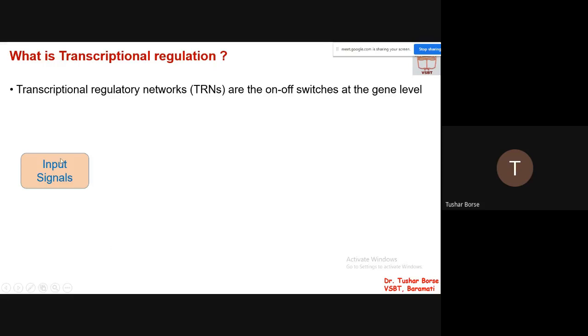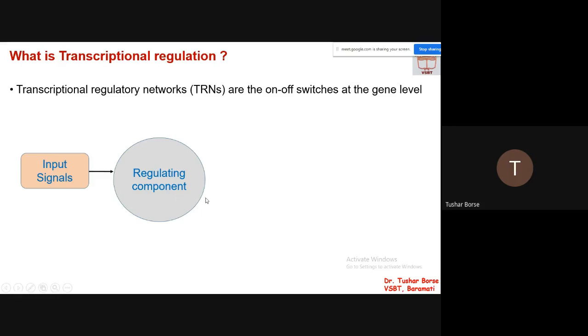Obviously, for any kind of gene expression or any pathway to be activated, you require a signal. This signal is going to activate something called a regulating component. It could be any kind of protein; specifically we have seen that they are the kinases. So you have those regulating components which are activated.